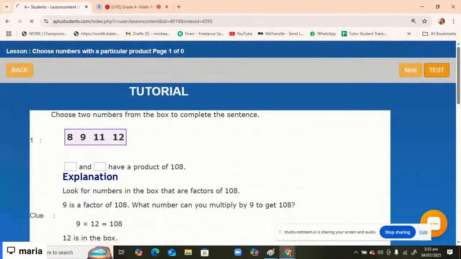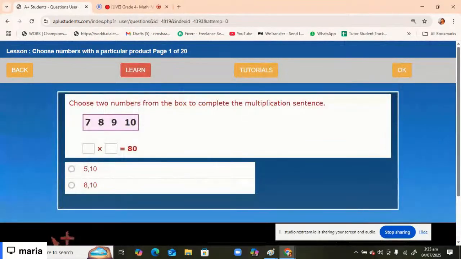Now let's discuss the test questions. Choose two, read the multiplication sentence. 7, 8, 9, and 10.